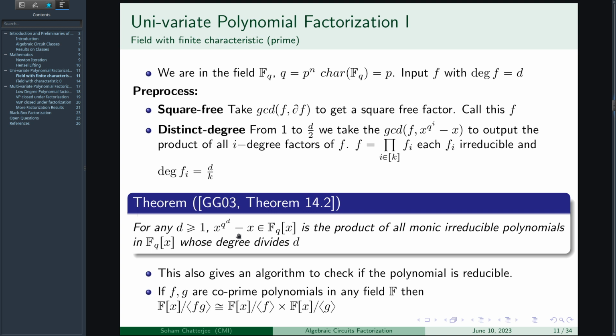Now we will bring out each irreducible factor. This uses the Chinese remainder theorem on ideals and rings. We don't need that much.